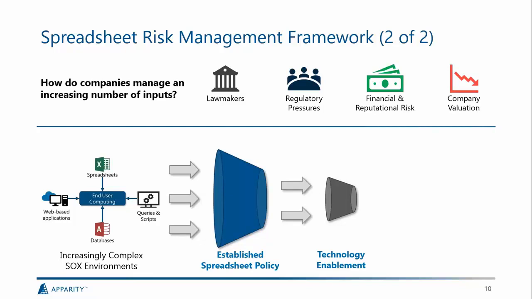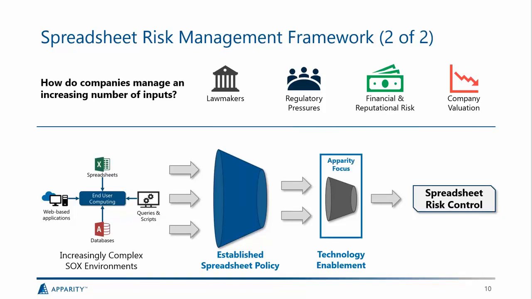As you're trying to apply controls, being able to look through your spreadsheets and see everything that changed is going to be very challenging without any sort of technology enablement. So we really do view this piece as core and going part and parcel with an established policy. And these two things together are really what's going to make up an overall risk management framework for your spreadsheets.